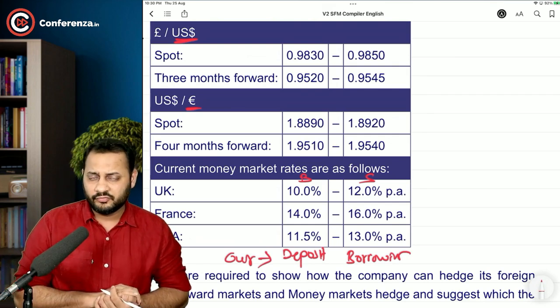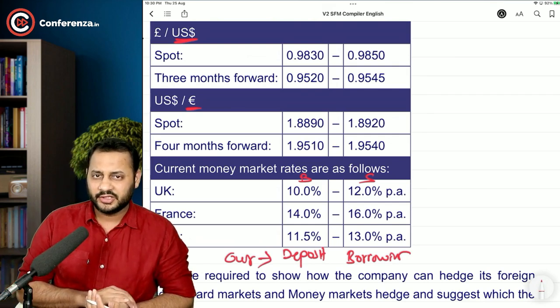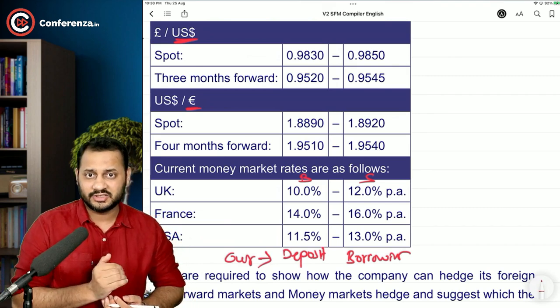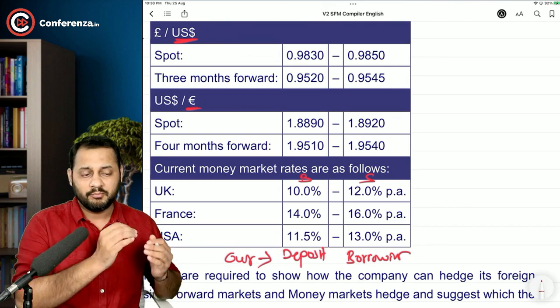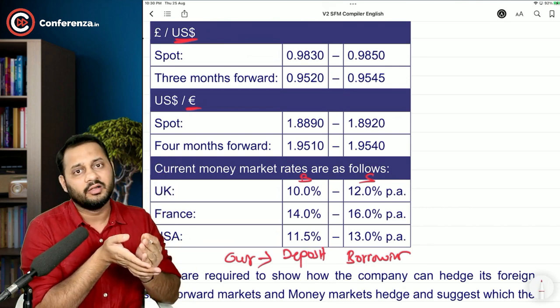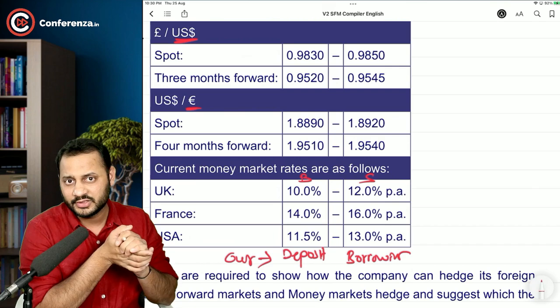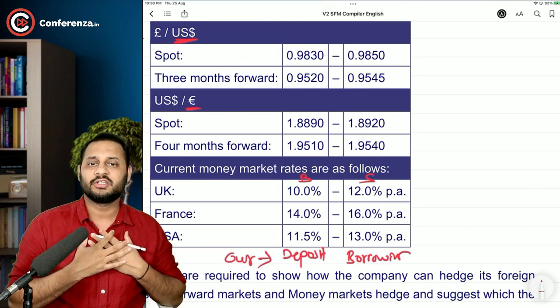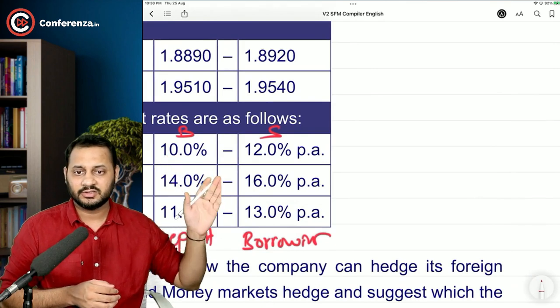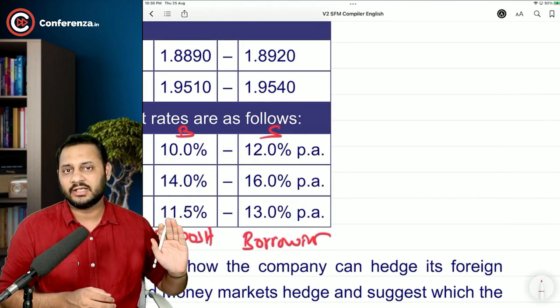If you are confused about the rates, understand that the bank will always give less interest and receive more. The bank will pay less interest on the deposits and will collect more interest on the borrowings. So borrowings will be costlier for us, which is this rate 12. 12 is higher than 10, 16 is higher than 14, 13 is higher than 11.5.